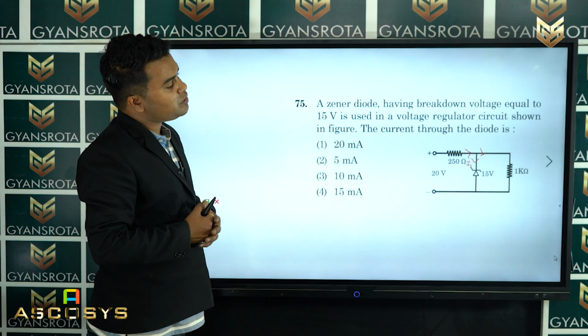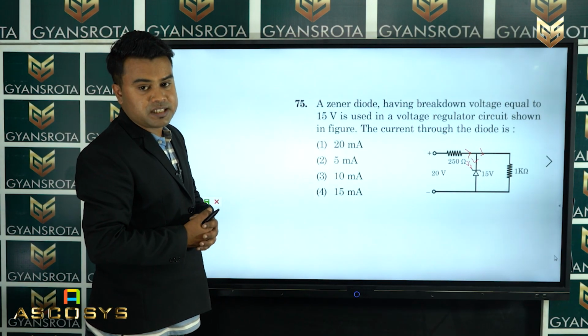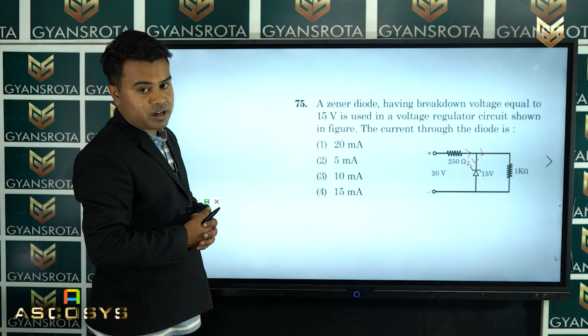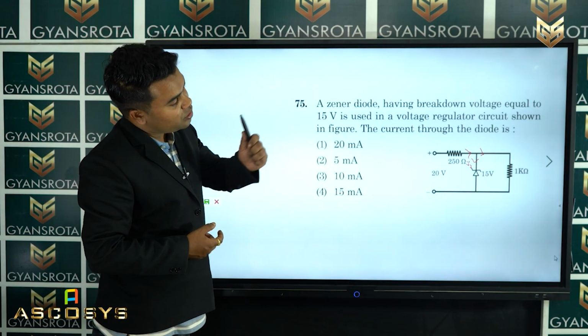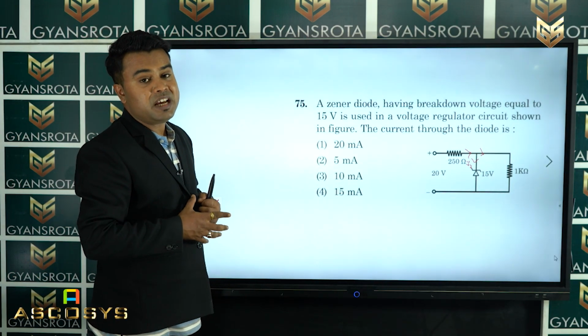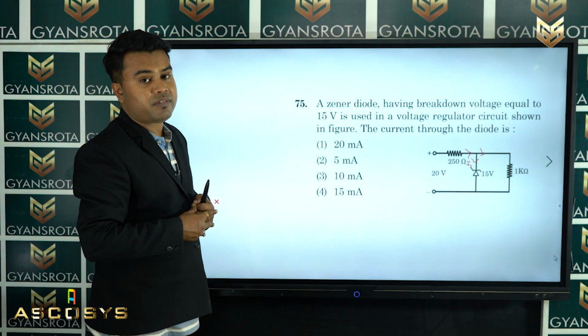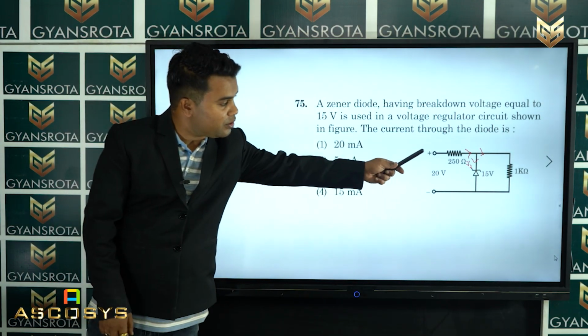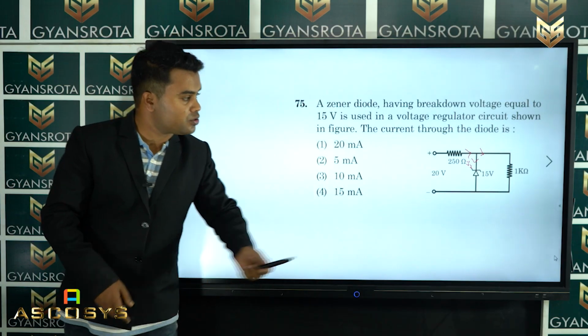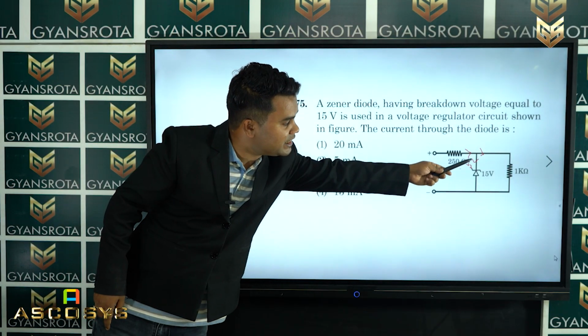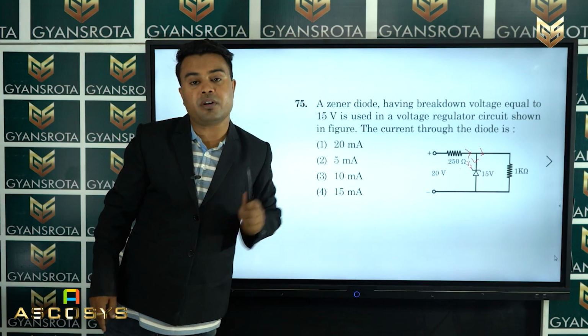We can easily calculate the current through 1 kilo ohm because we know the Zener voltage is 15 volt. The current across 1 kilo ohm is easy because it's in parallel combination. If I take this one as IZ and this one as I1, I1 can be found out easily.